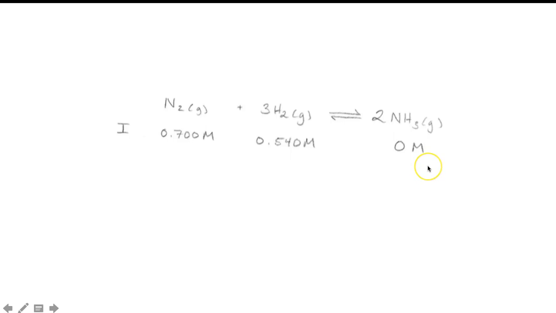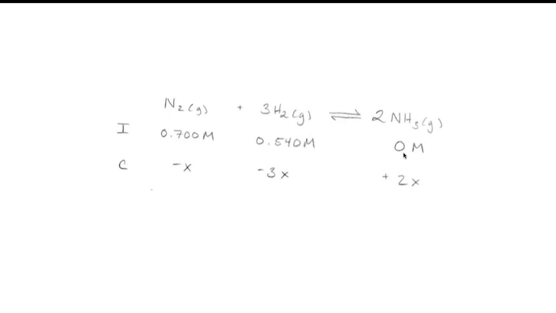And we made that initial assumption, which is totally valid, that the amount of ammonia is 0 molar, because the system was set up in such a way that we had a container that's 5 liters, and we only added nitrogen and hydrogen and no ammonia. So that was our initial concentration.